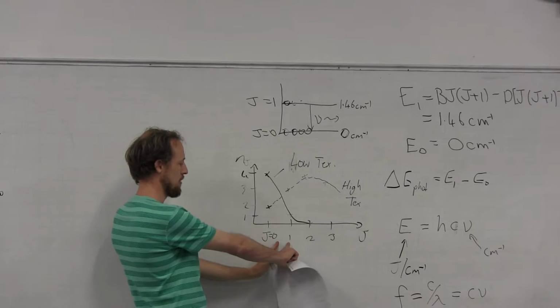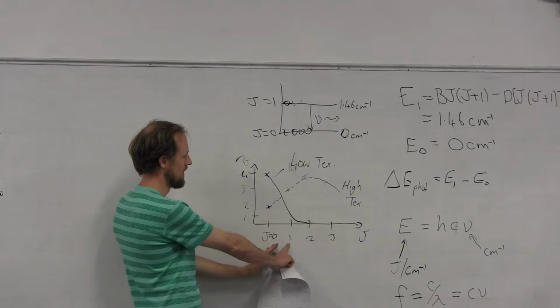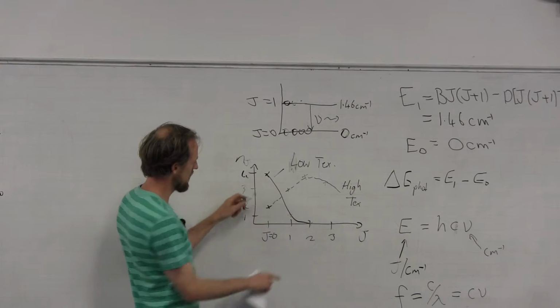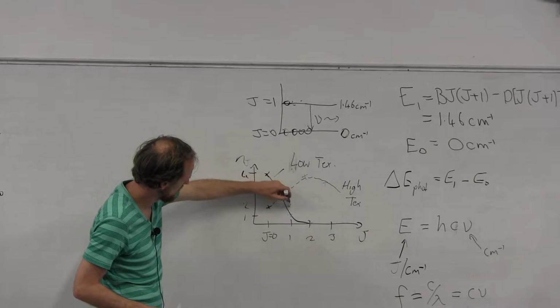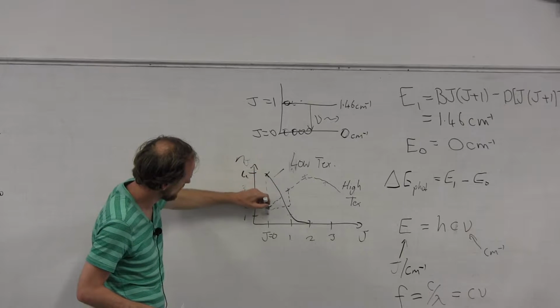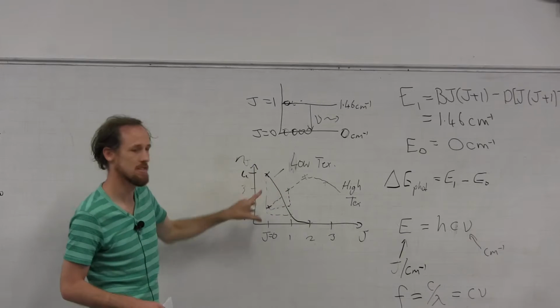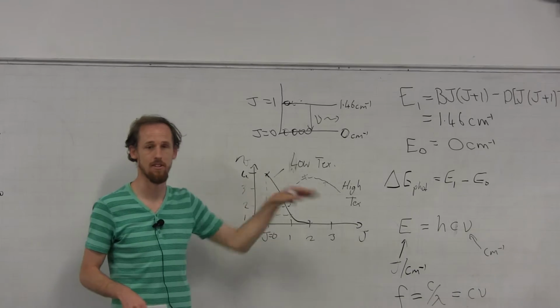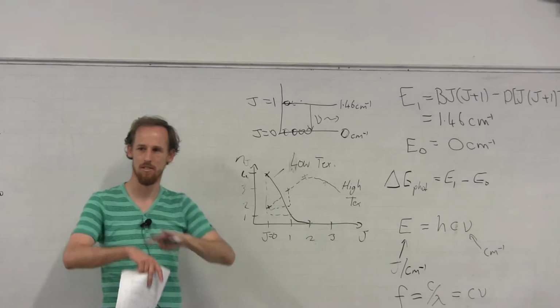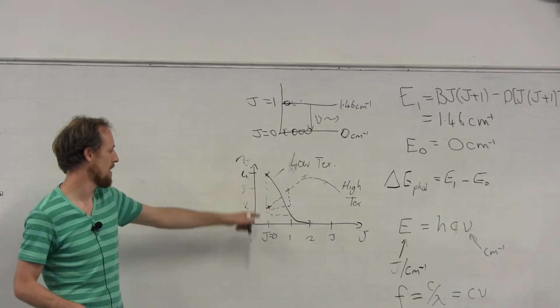Even though we're only looking at the first two levels in this problem, the ratio of these two levels, that level to this one and that level to this one, tells us what the rest of the levels should look like. That's why the temperature is useful, because it gives us a distribution of all levels just by looking at the first two.